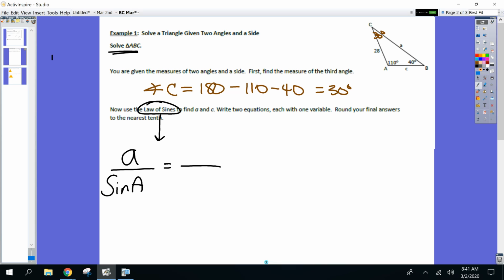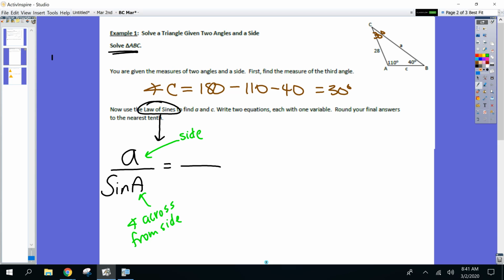So again, this is a side. This is the angle across from the side. Everyone good?